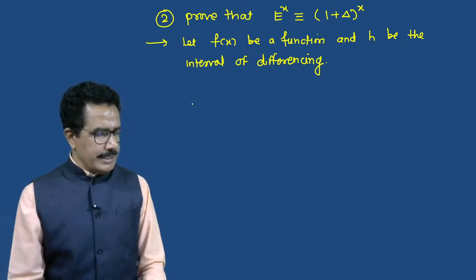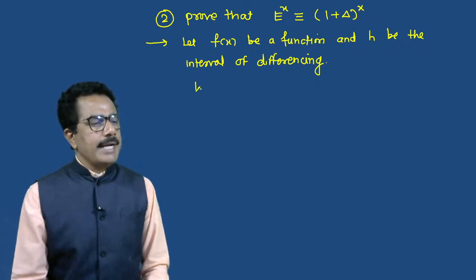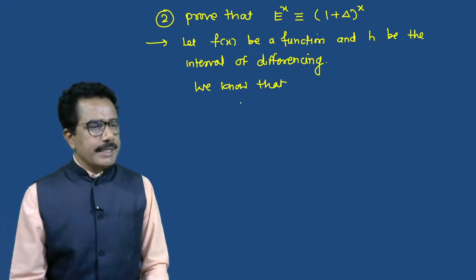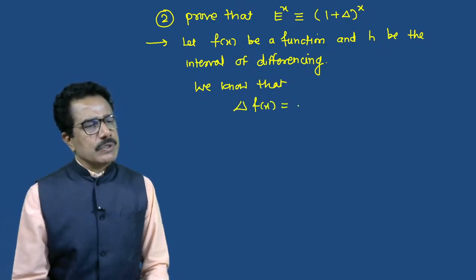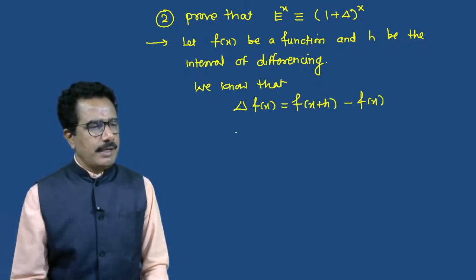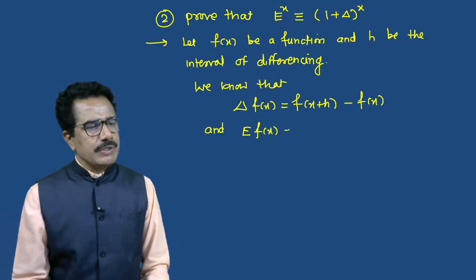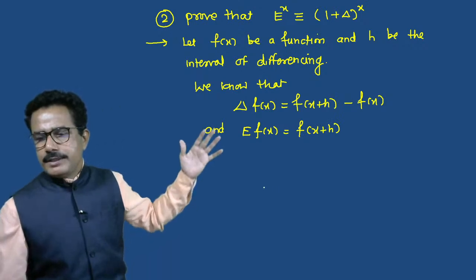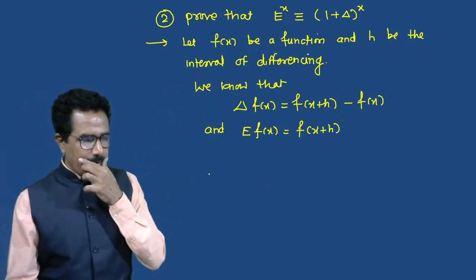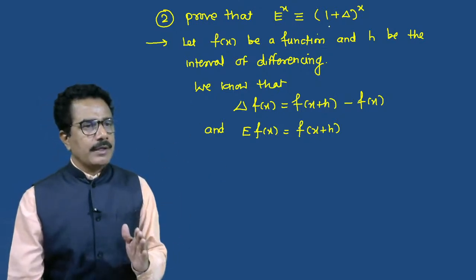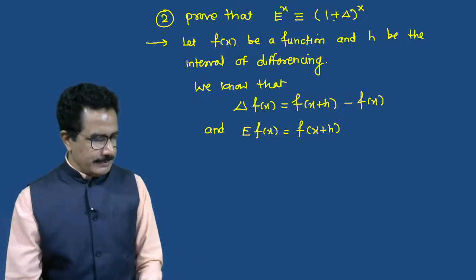We know that delta f of x is equal to f of x plus h minus f of x, and E of f of x is equal to f of x plus h. See this, this is the displacement operator, you know that. Now we have to prove that E raised to x is equal to 1 plus delta raised to x.